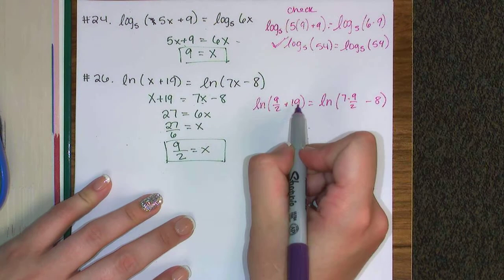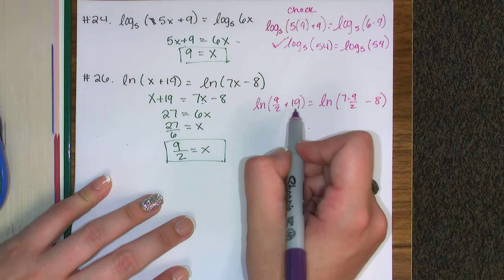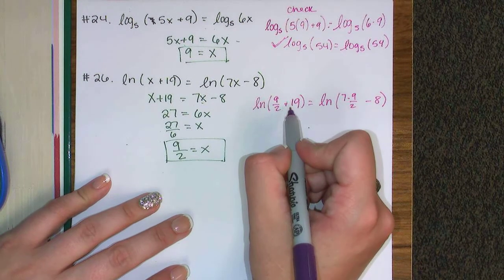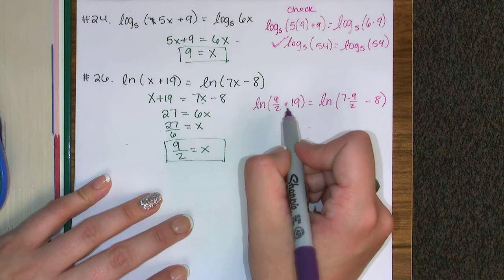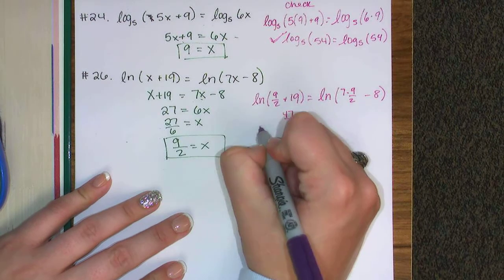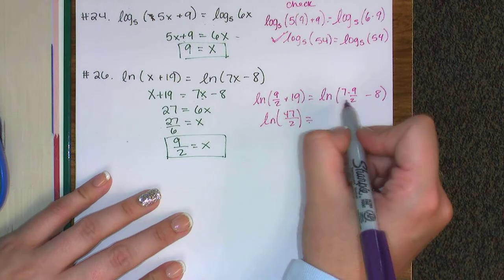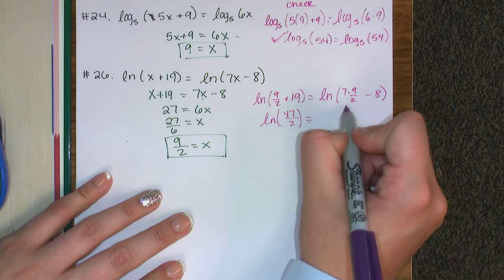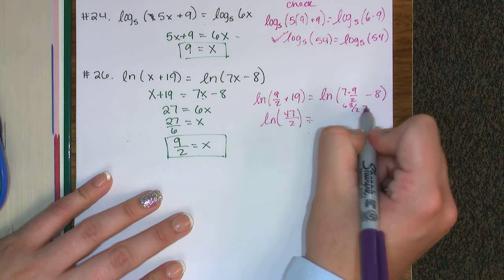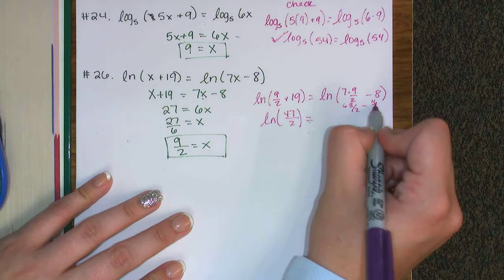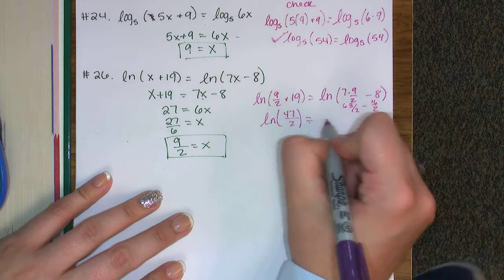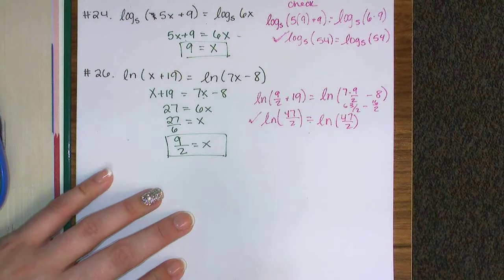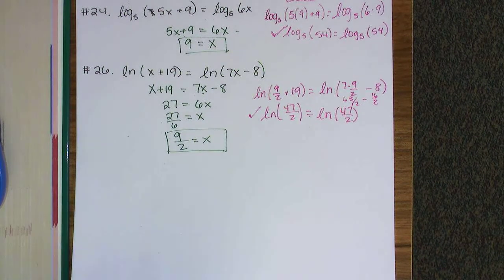So if I put 19 over 2, that takes me up to 38 plus 9 would be 47 over 2, is equal to, well, that's 63 over 2 minus, over 2, that would give me 16. And again, that gives me the ln of 47 over 2. So that one's good. So we've checked it there. Hopefully I don't forget to check the next problem that we do.